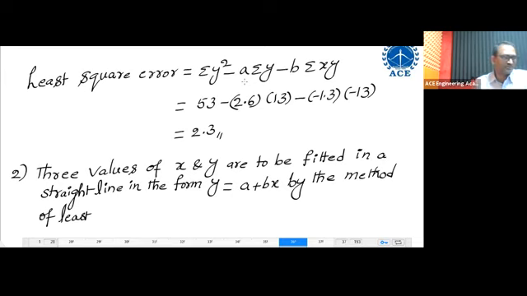Solutions to linear equations we don't have in the syllabus. According to the latest syllabus, by the method of least squares.